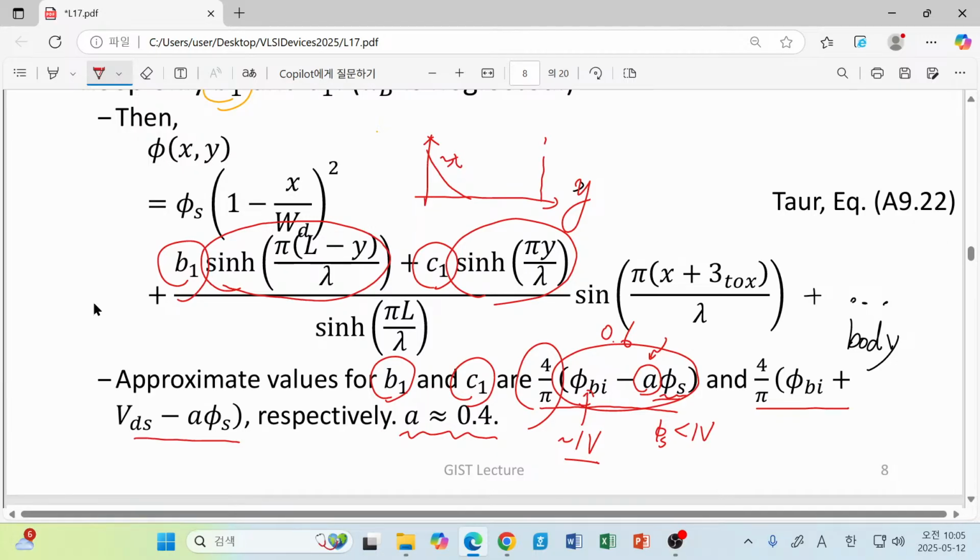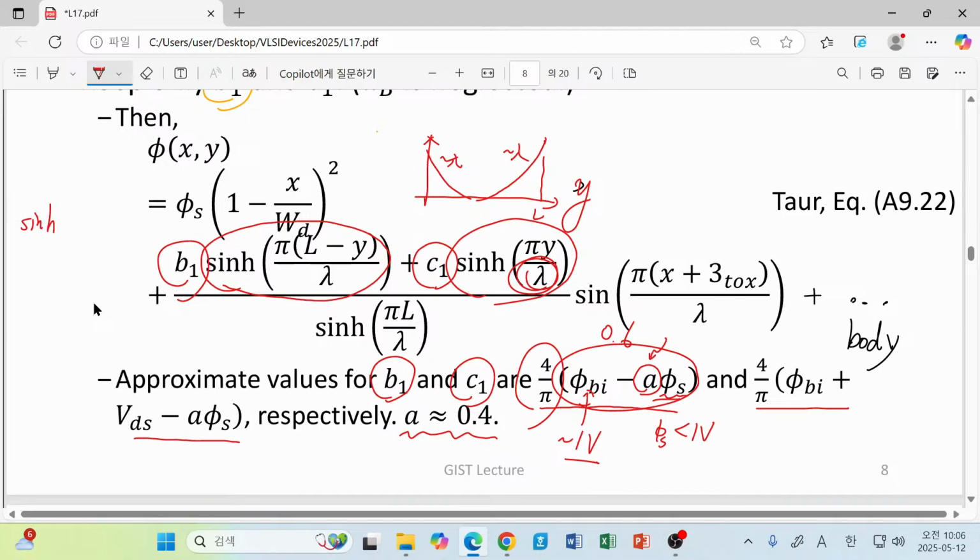Although it is written as a sine hyperbolic, what is the sine hyperbolic?